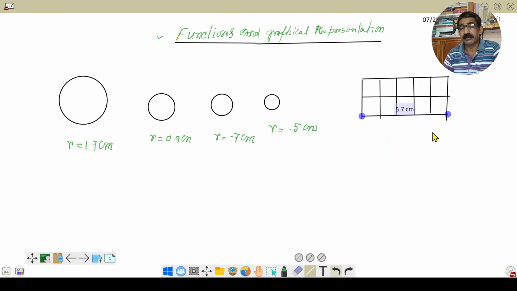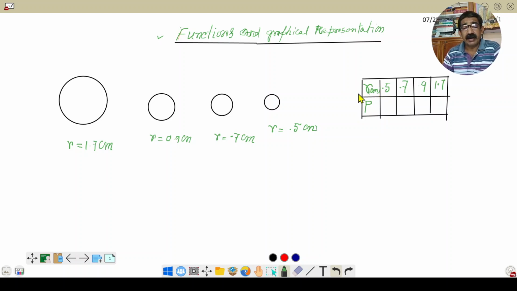This is a chart prepared by me, very simple. This is value R and this is value of the periphery P. We know R is equal to 0.5, R is equal to 0.7, R is equal to 0.9 and R is equal to 1.7 in centimeter. This is given in centimeter.